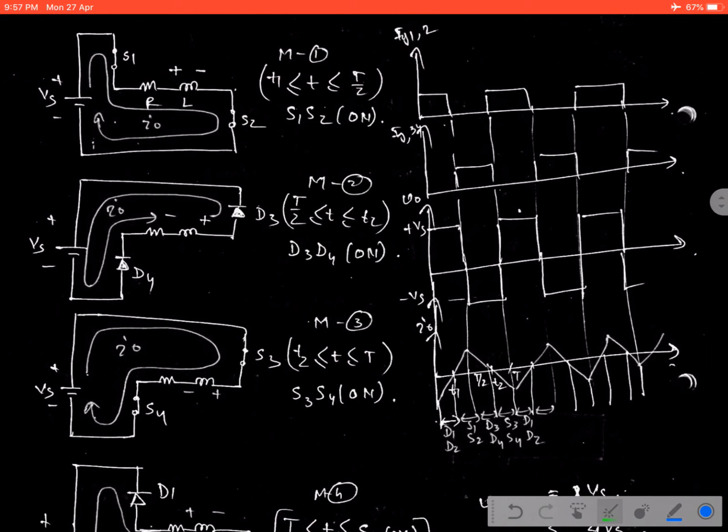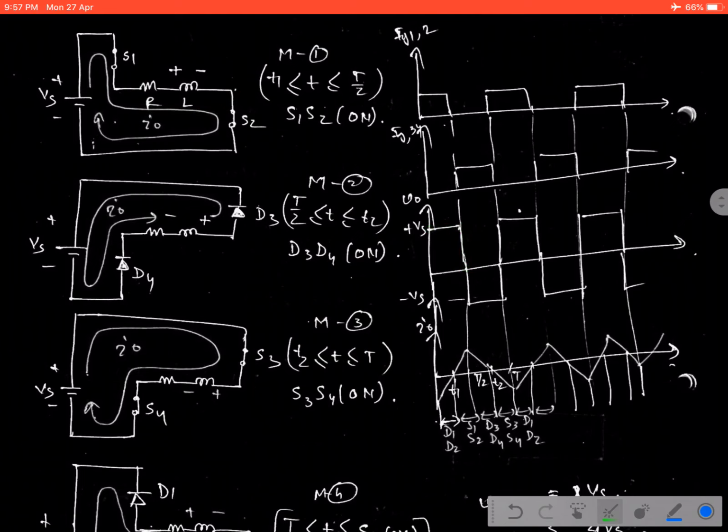Considering this mode operation, when the current flows in this direction and the voltage polarity appearing across the load is this way, the output voltage is positive when S1, S2 start conducting.